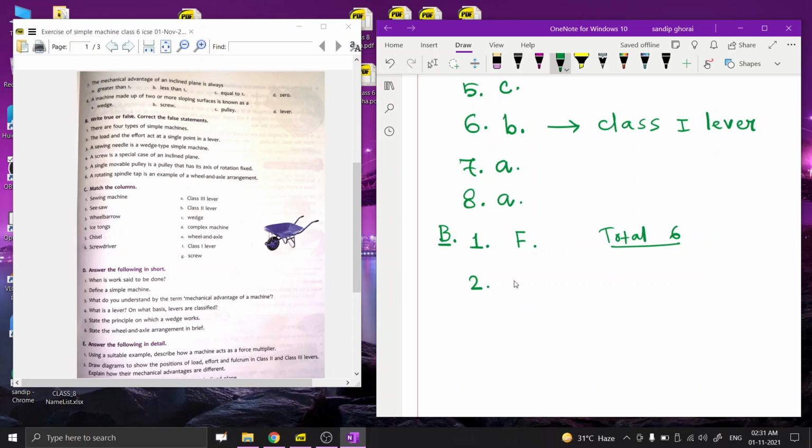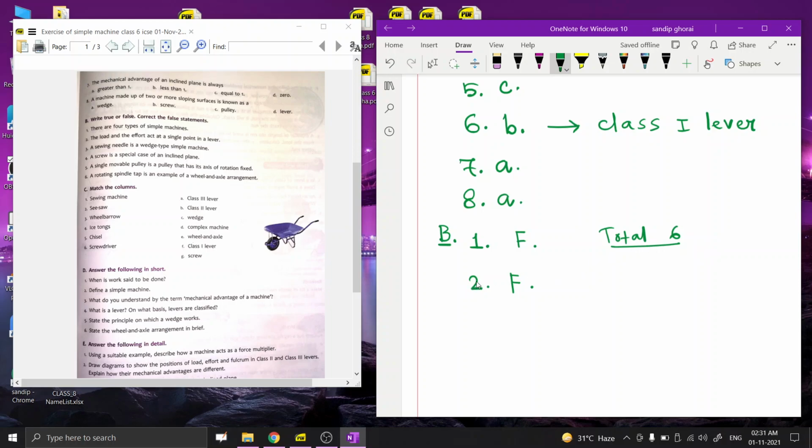Okay, that is also false, because we already know that for a lever, load and effort act at different points. For a class 1 lever, the fulcrum is between load and effort.